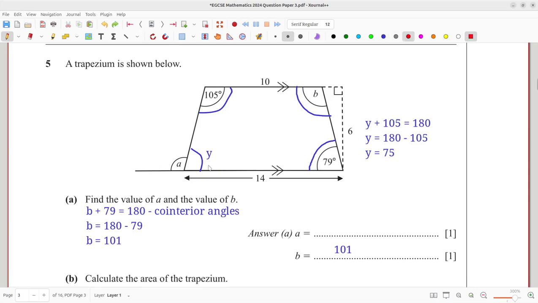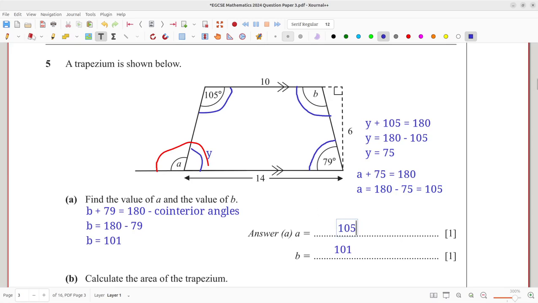So A plus 75 equals 180, which simply means that A is equal to 180 minus 75 degrees. This is equal to 105 degrees. So it's right there, 105 degrees.